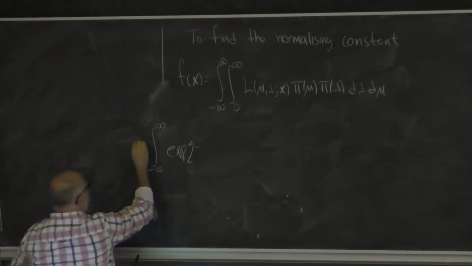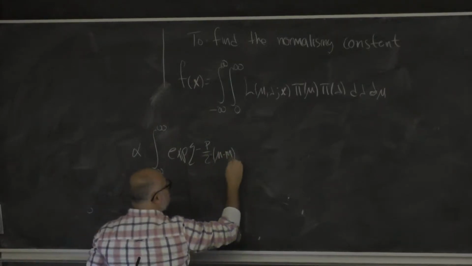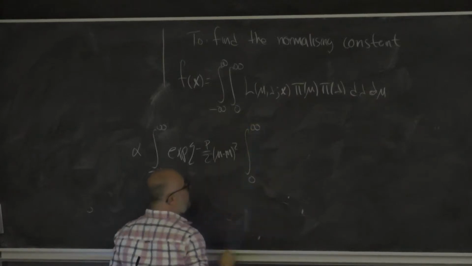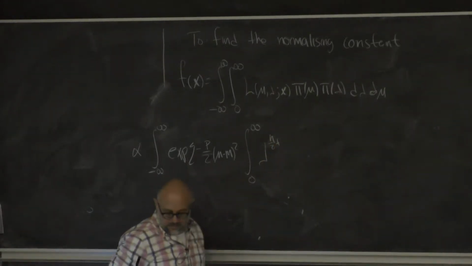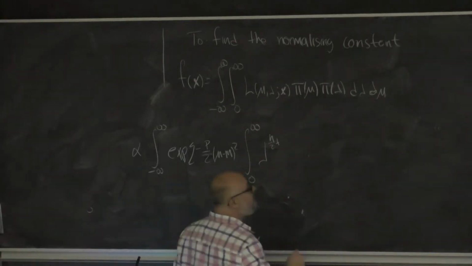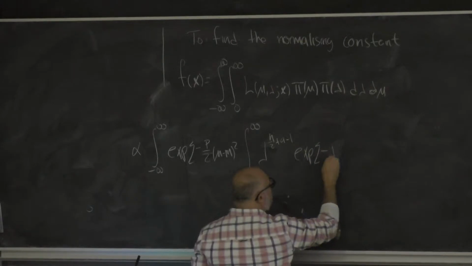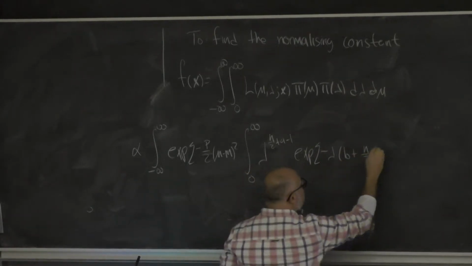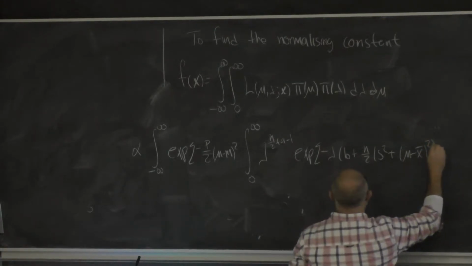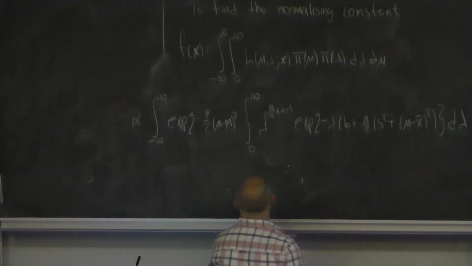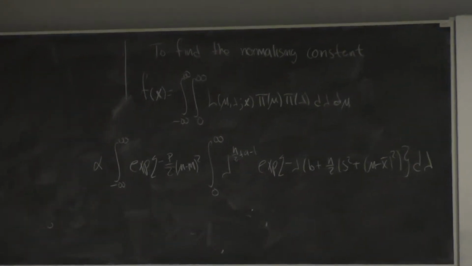That will be proportional to that, and then all the terms involving lambda: lambda to the power of a plus n over 2 minus 1, times exp of minus lambda times b plus n over 2 s squared plus mu minus x bar squared.